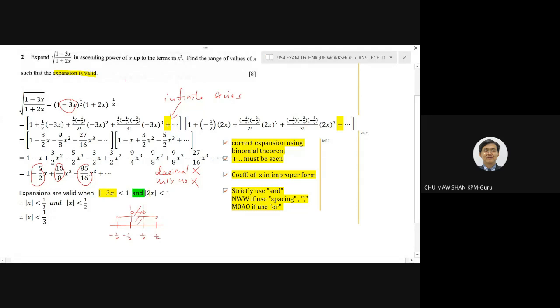Bermaksud tak ada benda lain boleh ditulis. Hanya guna "and" saja. Tak boleh guna space, tak boleh guna comma, tak boleh guna "or". "Or" memang salah. Tetapi ada yang guna comma kerana dia kata comma mewakili "and".